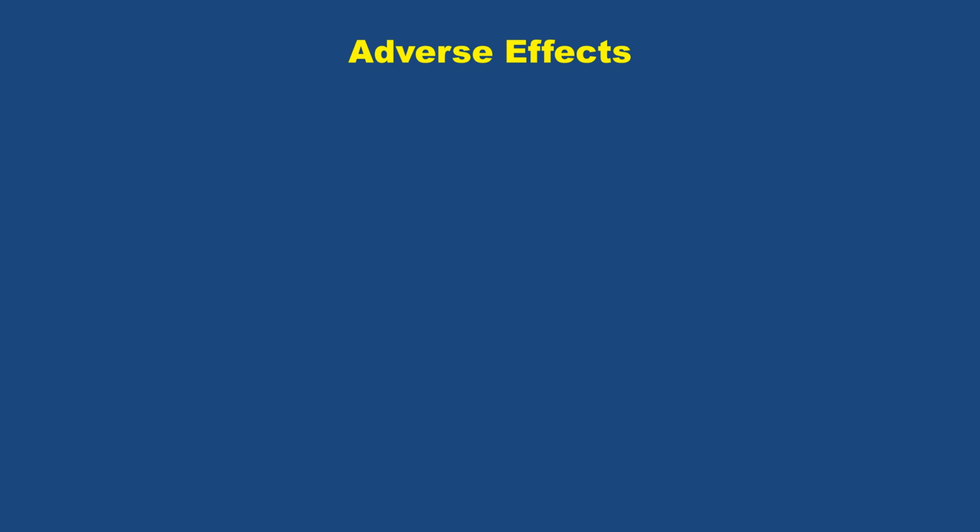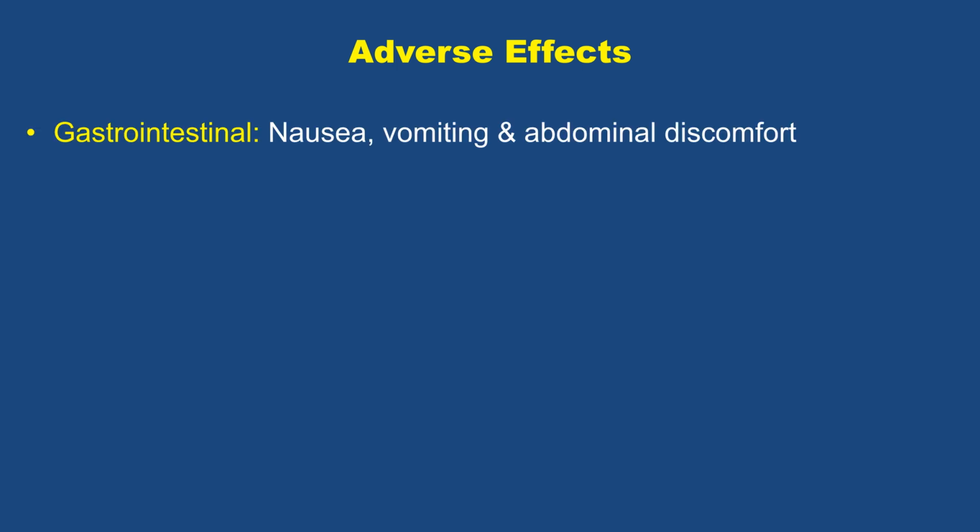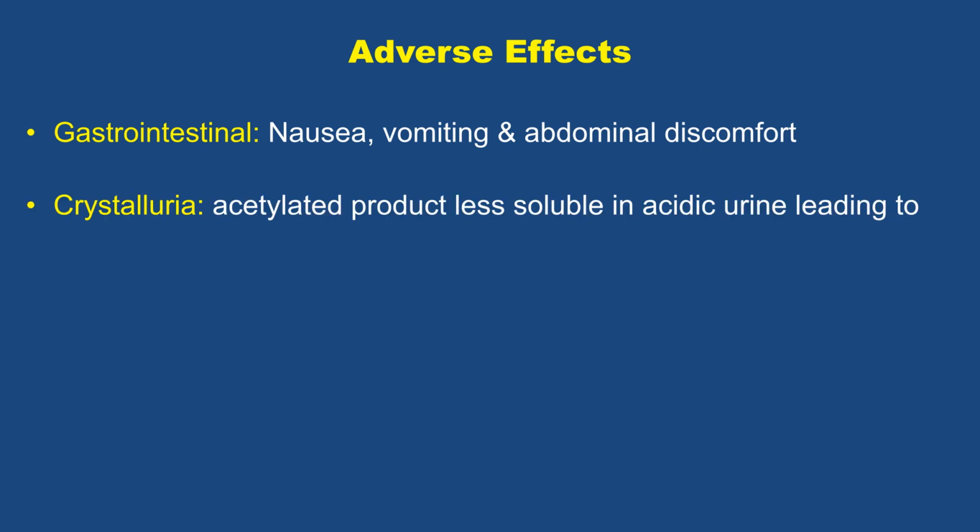Coming to adverse effects, so they are common and may be serious if the patient is hypersensitive to sulfonamides. Gastrointestinal adverse effects include nausea, vomiting, abdominal discomfort. Crystalluria is a recognized adverse effect of sulfonamides. It is mainly caused by the acetylated product of sulfonamides, which is less soluble in acidic urine, resulting in crystalluria.